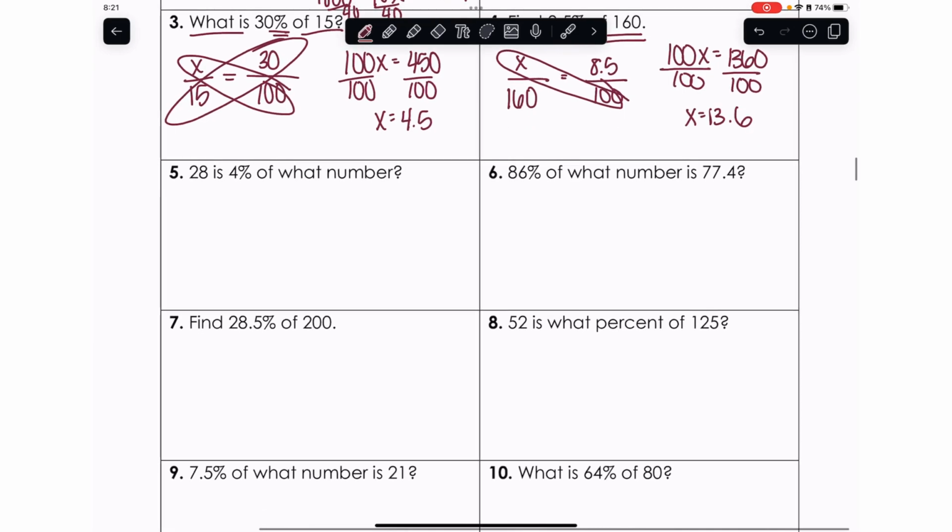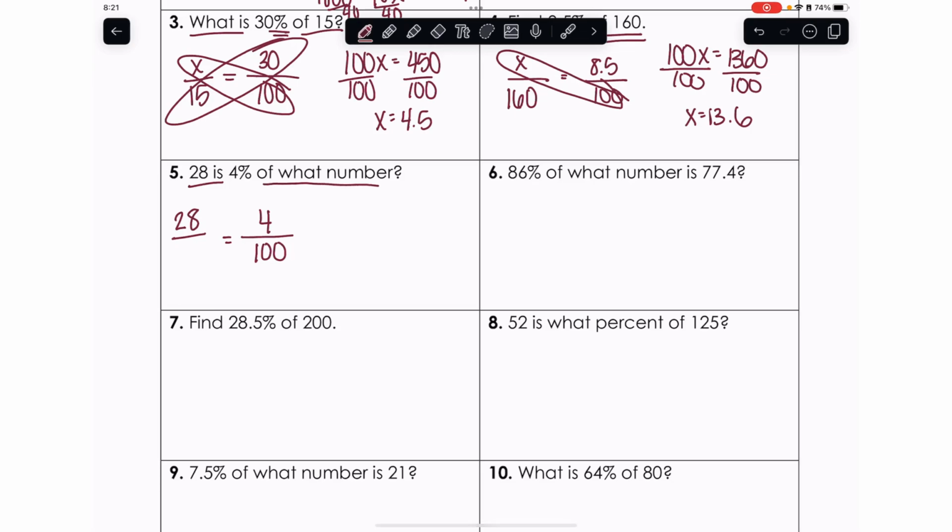So number 5, we have 28 is 4% of what number? 28 is 4% of what number? So I see the percent sign. So I'm automatically going to set up that second proportion as 4 over 100. That's 4% written as its fraction. Okay, so then I need the first part. 28 is, because 28 is next to the word is, that's going to go on top.